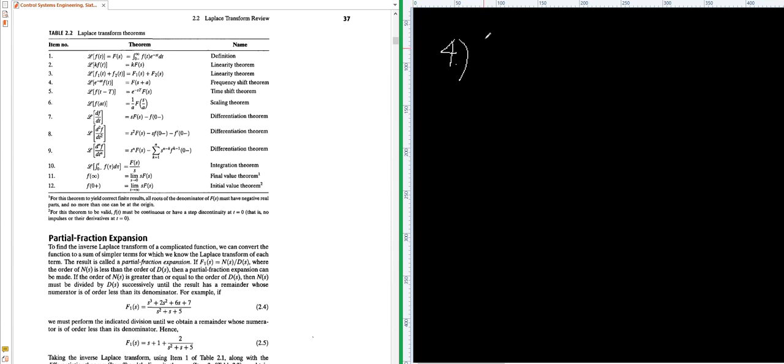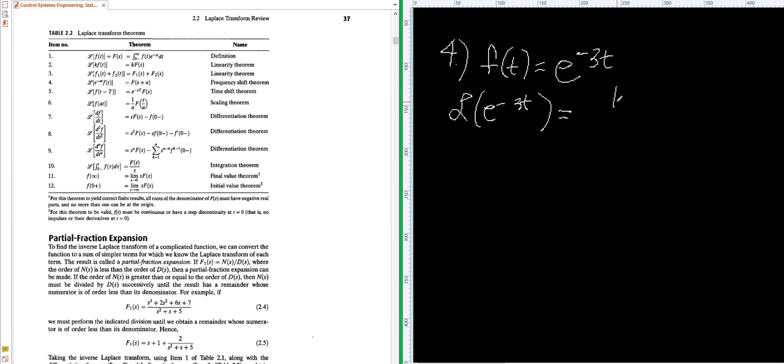You have a function equal to e to the negative 3t. If we get the Laplace transform of e to the negative 3t, that would be 1 over s plus 3.